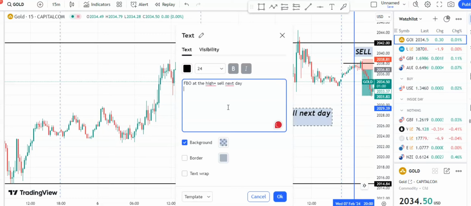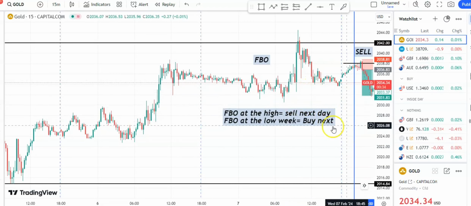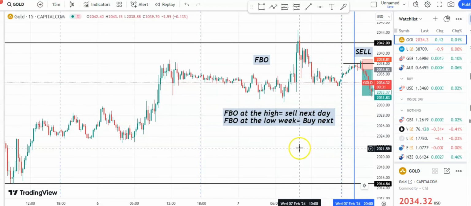Now, if I have a failed breakout at the low of week, remember it's low of week, not previous day, low of week or high of week, then we buy next day. No question about that. So the close of this day will determine how I will trade the next day.